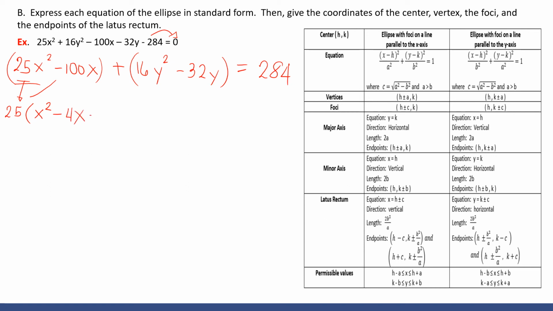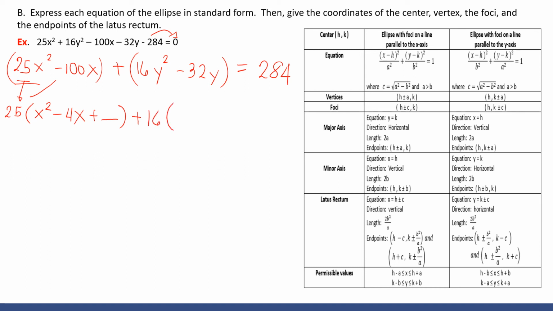And then, diretso na natin, plus blank. Why? Because we will make x squared minus 4x here a perfect square trinomial. So, lagyan lang natin ng plus blank. And then, para sa kasunod, since the leading coefficient is 16, okay, factor out 16.